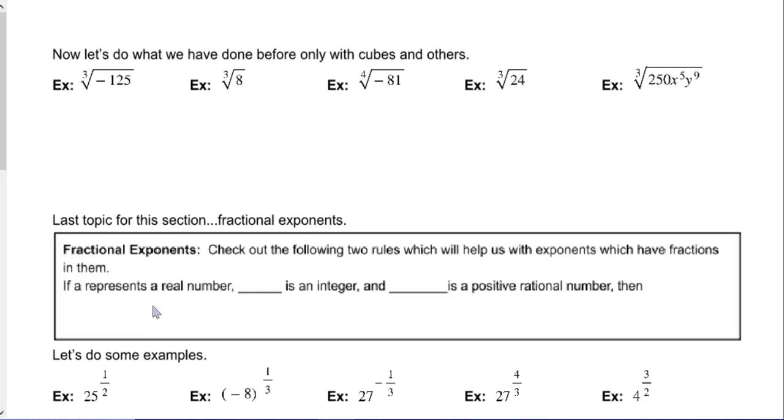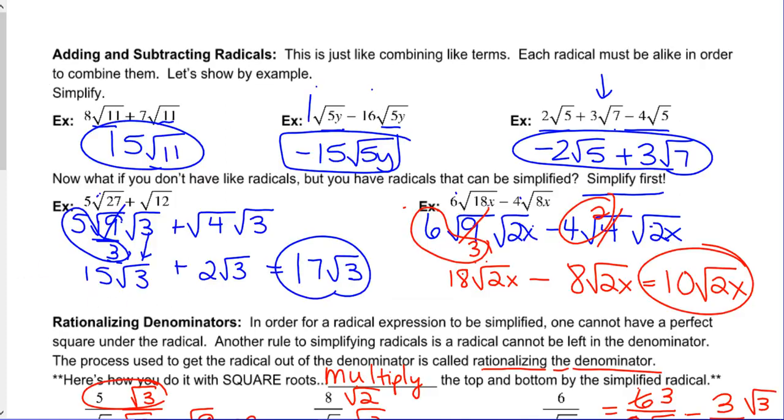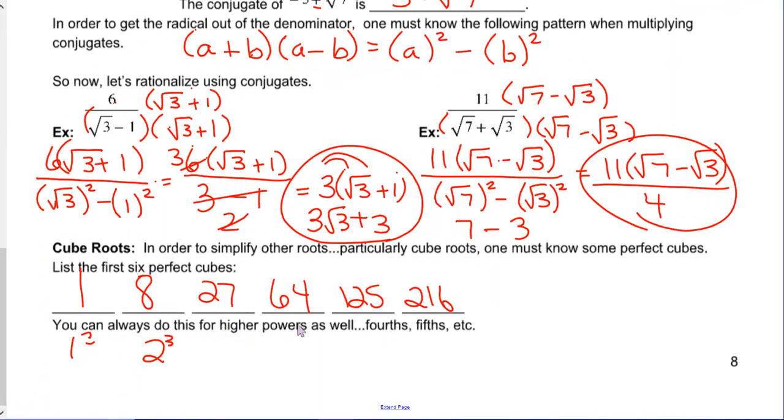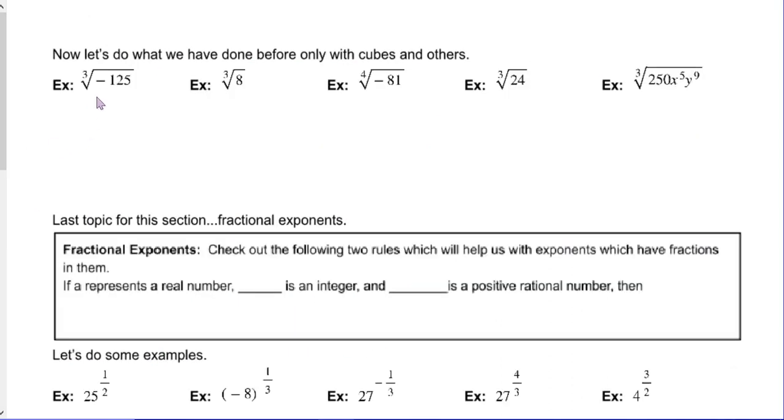So, what times what times what is 125? Going back to our previous page, and maybe I should have put it on the same page. 1, 2, 3, 4, 5 cubed is 125. Therefore, in order to get that negative, remember 3 times, a negative times a negative times a negative is a negative. Therefore, negative 5 is our answer.